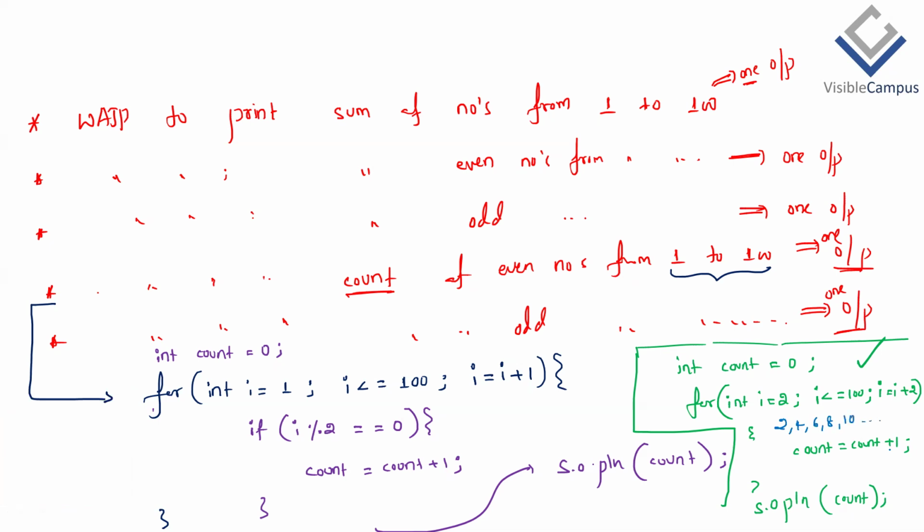Only these have to be counted. Do you count 2 every time, or only 1? 2, 4, 6, 8, 10, and so on up to 100. How many numbers are there? Will you count 1, 2, 3 only, or will you count 2, 4, 6? You'll count 2, 4, 6s, but how many are there?